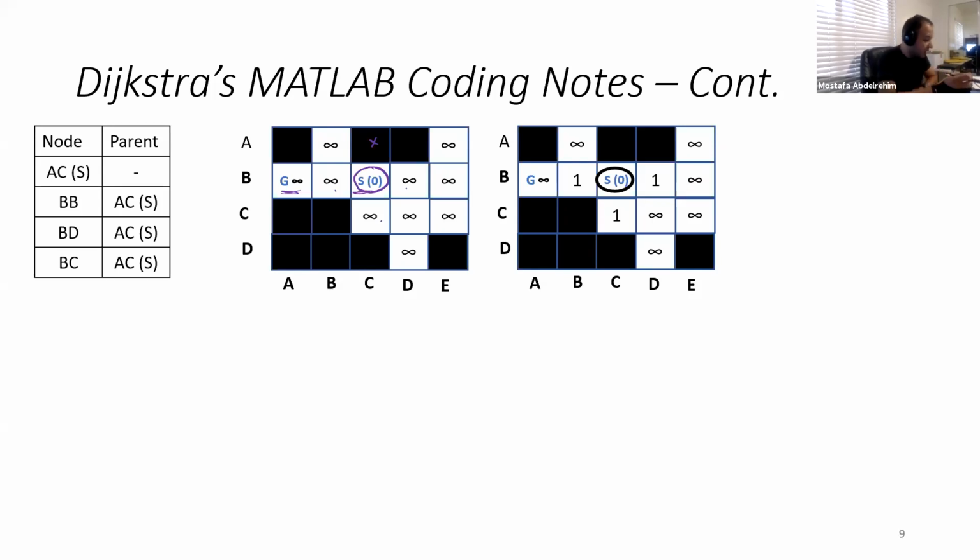And this starting node has ID of BC. Sorry, the starting node is BC, not AC. I'm very sorry for this. It should be BC, not AC. Let's correct it here. So BC.